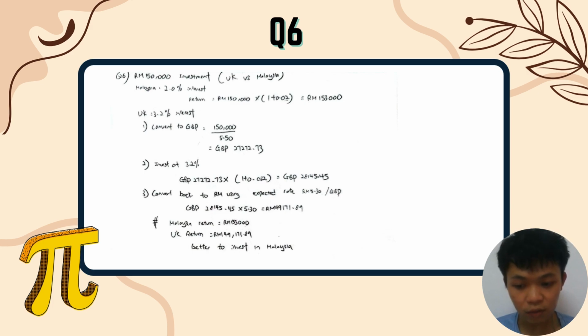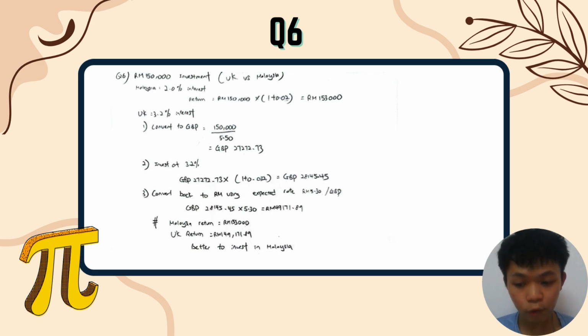So it's 150,000 divided by 5.5, which is equal to GBP 27,272.73. Then the interest gain is 27,272.73 multiplied by 1.032, so we will get GBP 28,145.45.